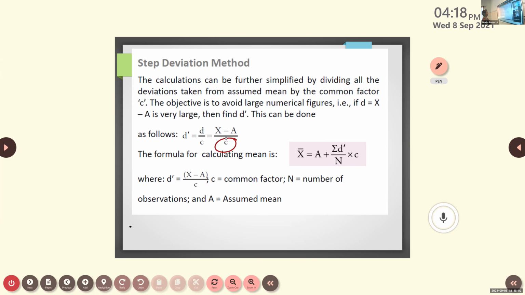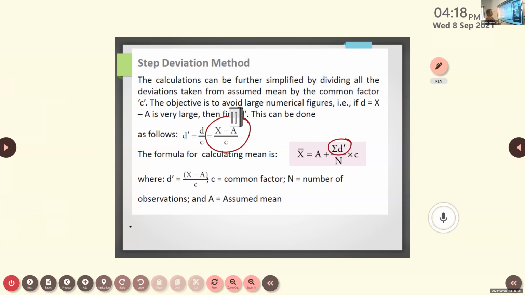The formula is actually A plus sigma D dash by N, into C. Now, what is D dash? That is X minus A by C. C here means a common factor. X minus A, till there you know what it is.